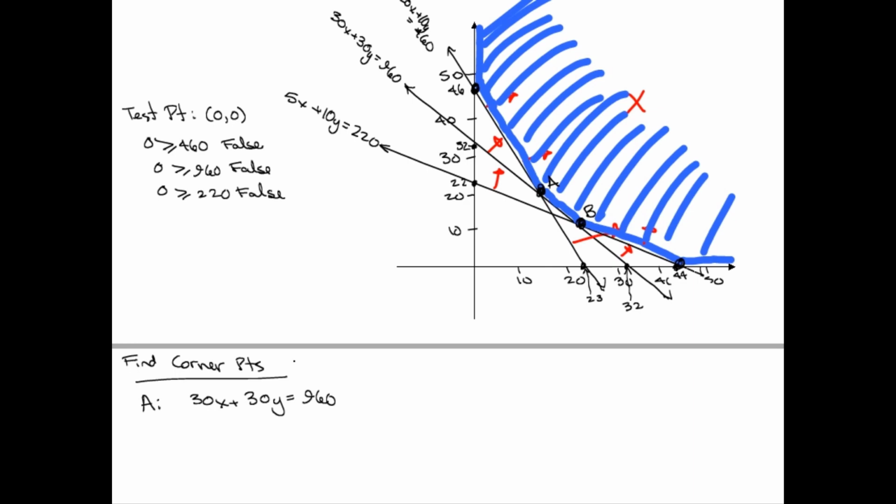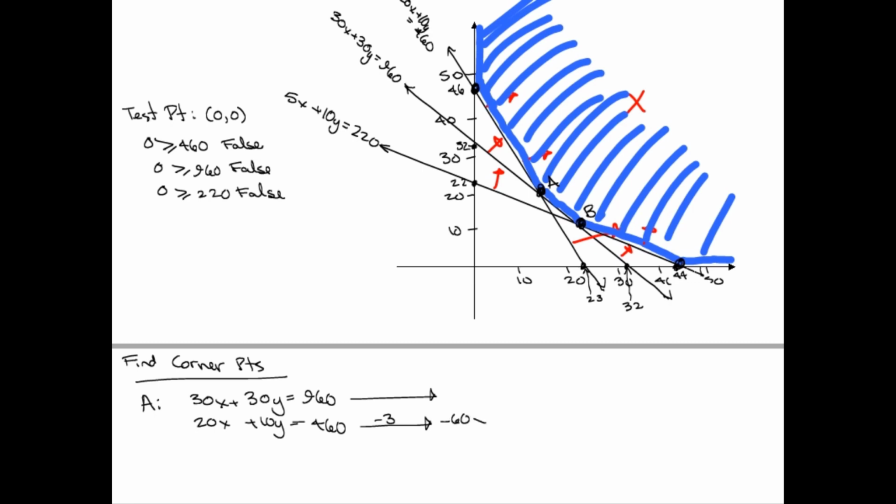We also need 20x plus 10y equals 460. Let's do elimination. I'm going to multiply my second equation by -3.